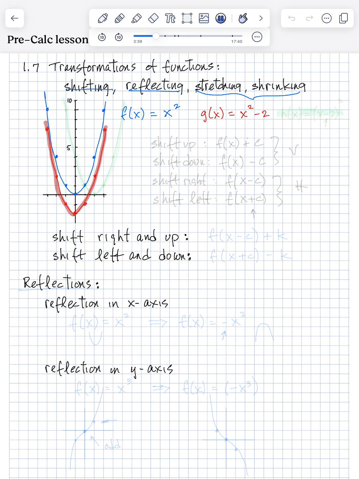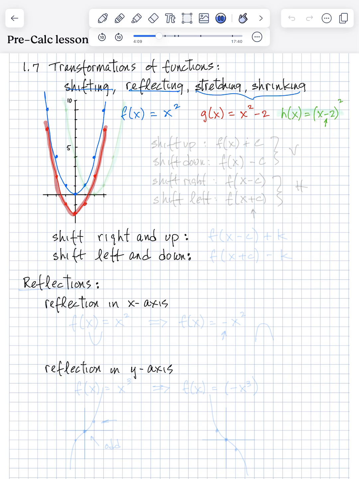And now let's do it in green. We want h of x. And let's say that's x minus 2 quantity squared. This is a horizontal shift because it's inside the parentheses. And because this is a negative here, that means we're going to shift it to the right.